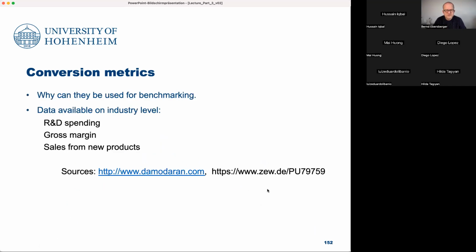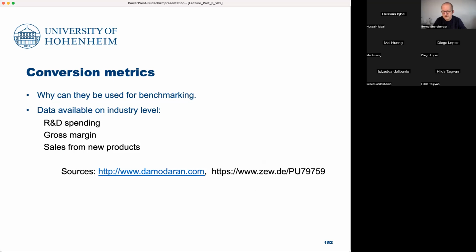And of course, you can do this with data that is sometimes easily available. So you can look at industry-level data, industry-level R&D spending, industry-level gross margin, sales from new products. You can find this on Damodaran, or you find this for Germany at the Center for European Economic Research.